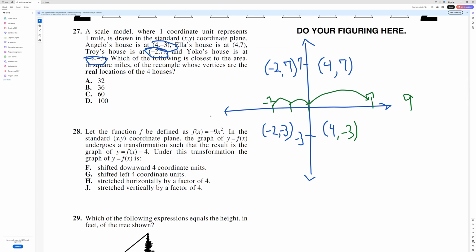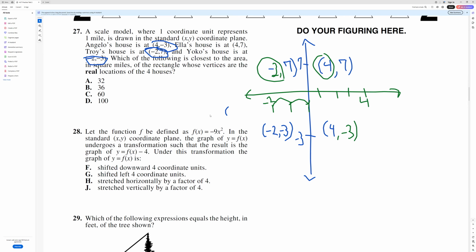So x to x, -2 to 4 is 1, 2, 3, 4, 5, 6. So it is 6. And then here, the height is 7.